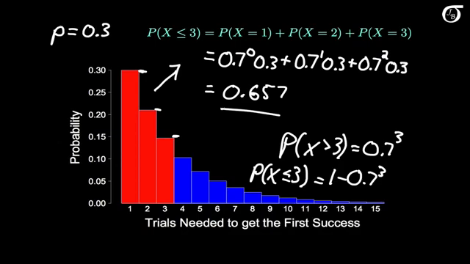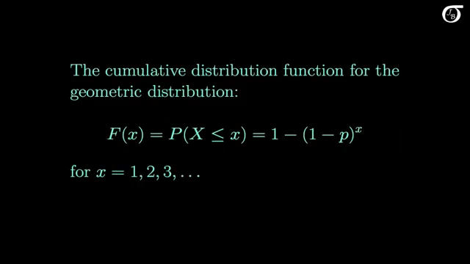Let's write it out a little more formally. The cumulative distribution function, often represented by capital F of x, is the probability that the random variable x takes on a value that is less than or equal to little x. For the geometric distribution, this works out to 1 minus p raised to the x.